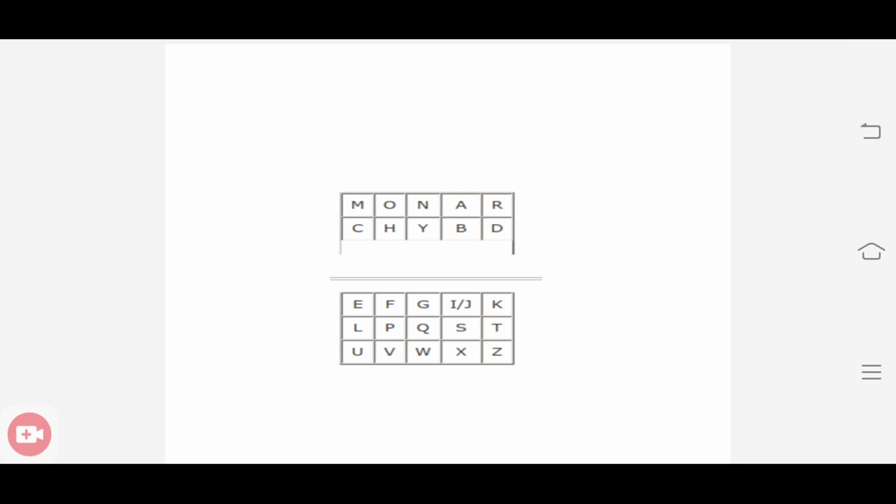First, you choose the keyword, here monarchy, fill the 5 by 5 matrix with it, and the remaining cells are filled by the English alphabets B to Z, because A is already present in the keyword monarchy.